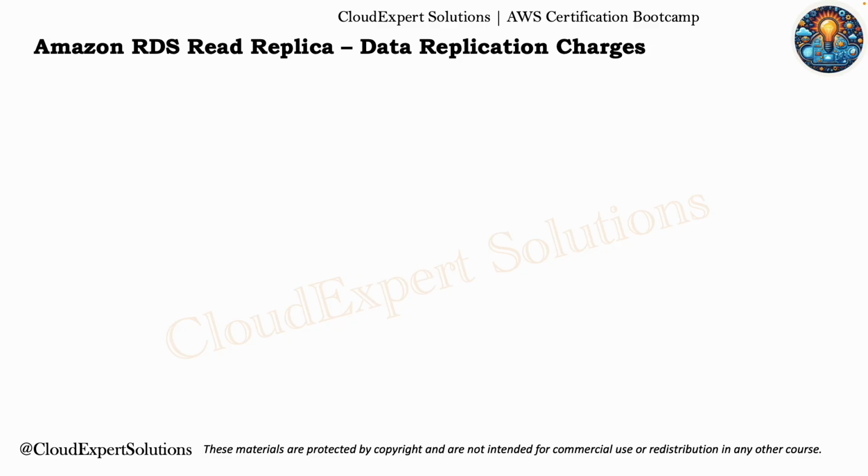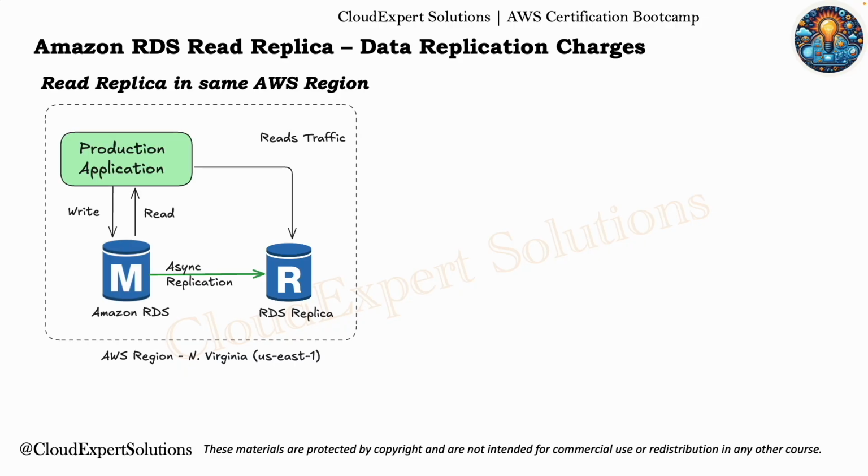RDS read replica data transfer charges depend on whether the replication occurs within the same AWS region or across different regions. With the same AWS region, replication between your source database instance and a read replica in the same AWS region incurs no data transfer charge. And this applies even if the read replica is in a different availability zone within the same AWS region.